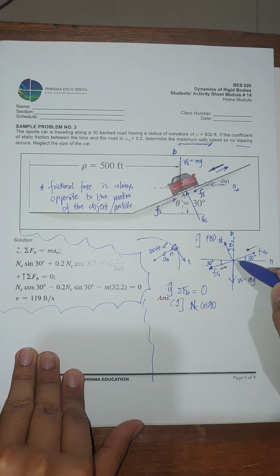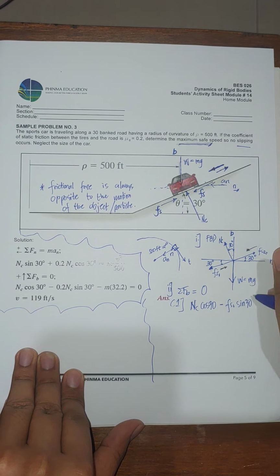What else? For case 1, this one is downward, so minus Fs1 sine 30 degrees minus the weight, which is equal to mass times the gravitational acceleration, 32.2 m, is equal to 0.